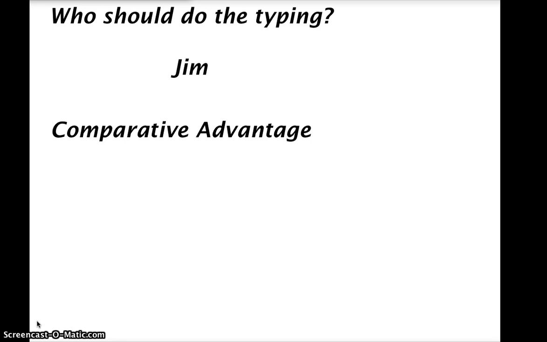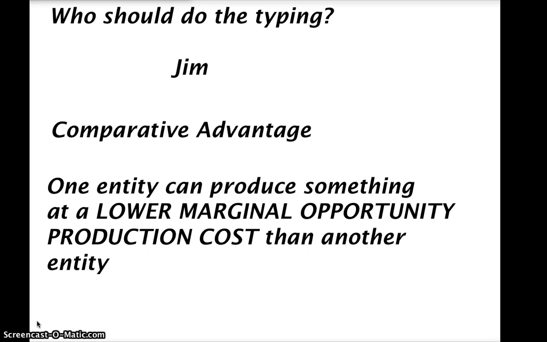But 5 minutes of her time is worth significantly more. That's worth $12, right? So 5 into 60 is 12. So it's much more expensive for her to do that typing than him, so he should do the typing. And that's called comparative advantage.